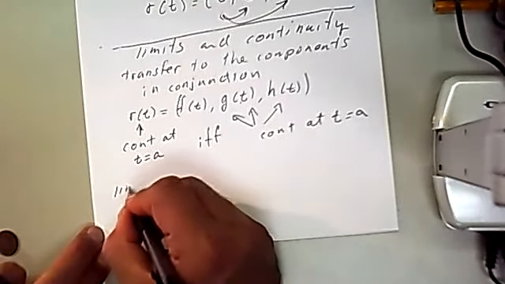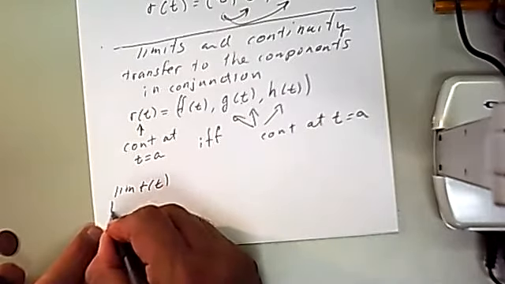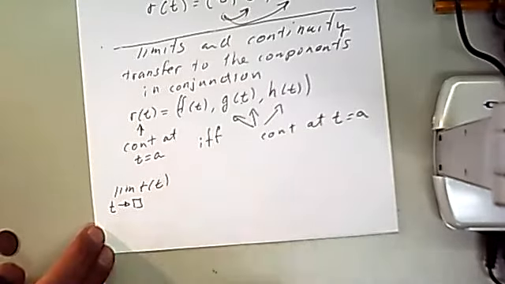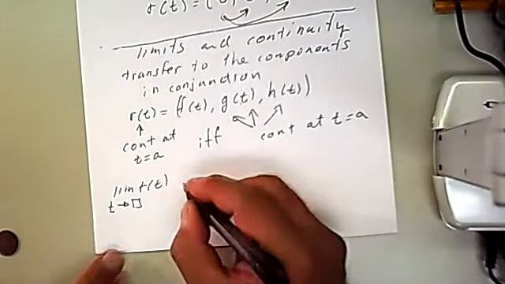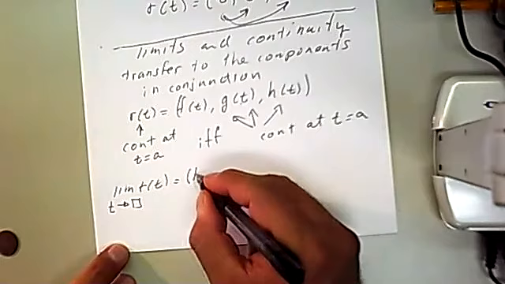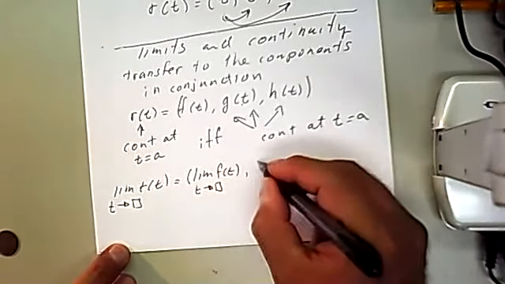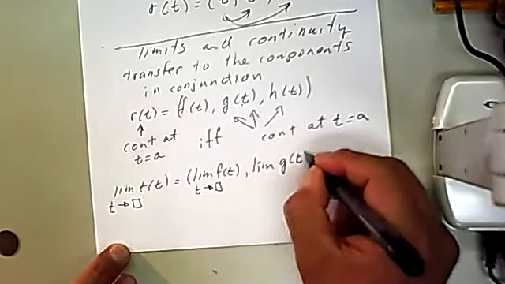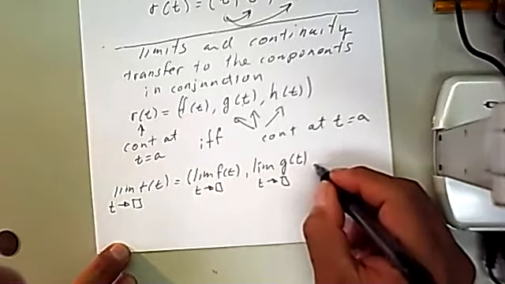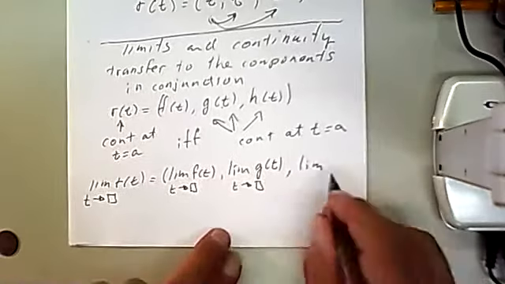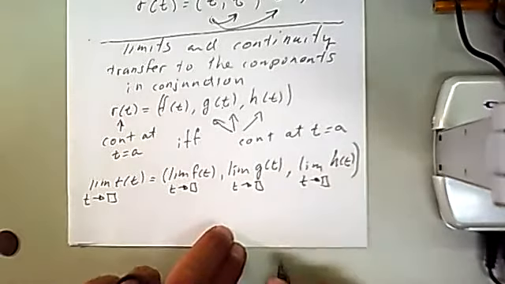The limit of R of t as t goes somewhere, I'm going to put a box because we could have limits to infinity, will be the vector with the limit of f of t as t goes to the same place, the limit of g of t as t goes to that same place, and the limit of h of t as t goes to that same place.